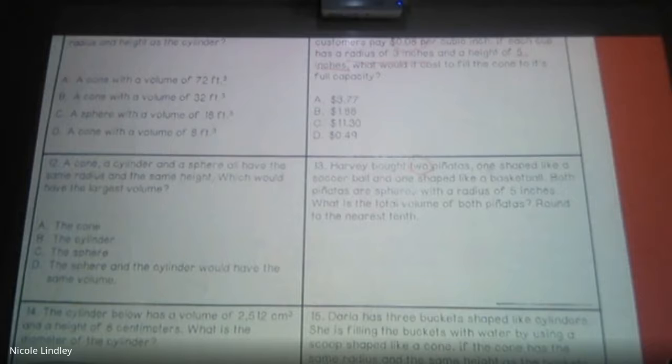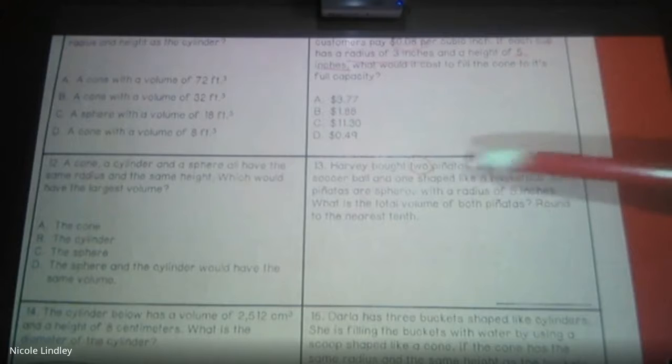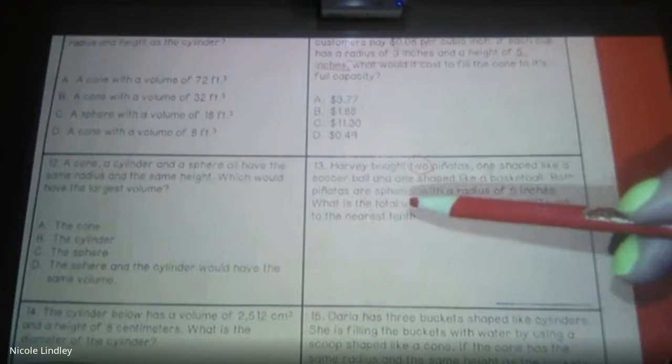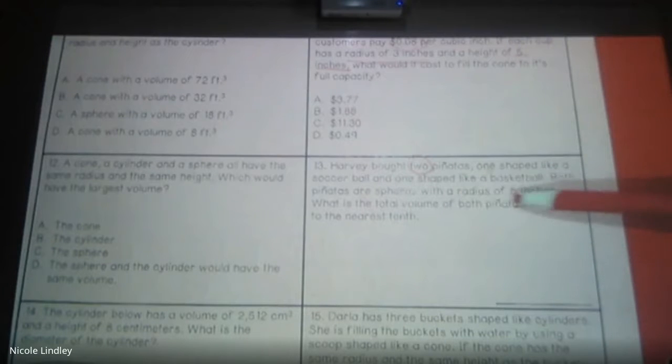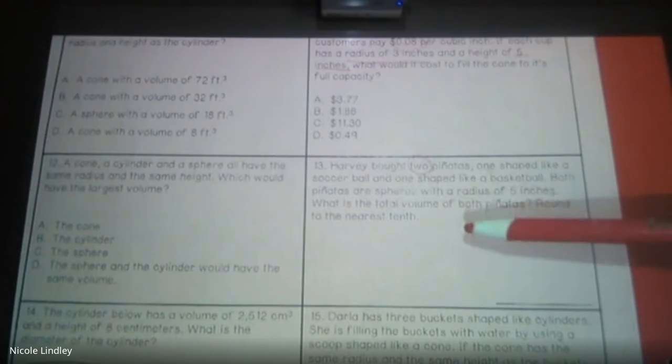Well, hopefully you know that those shapes are spheres. Those are spheres, both of them. A basketball and a soccer ball are spheres. Both piñatas are spheres with a radius of 5 inches. So they both have a radius of 5 inches. What is the total volume of both piñatas rounded to the nearest 10th?